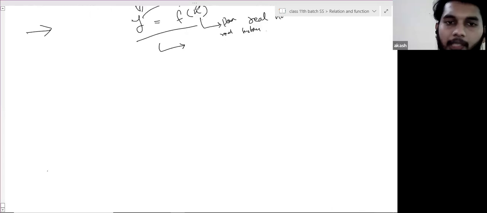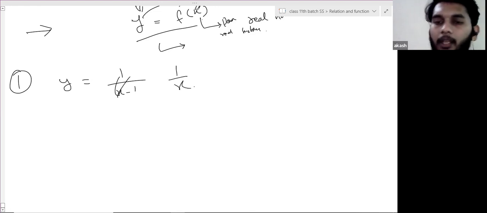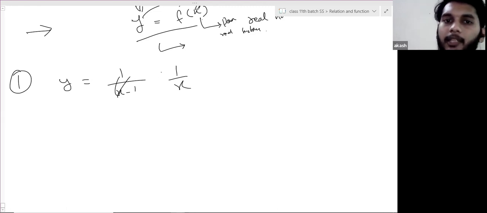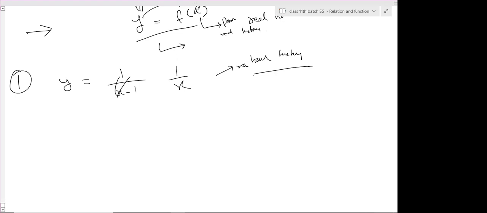So what is the first type of function we have to see? Let's suppose this is x minus 1, or 1 upon x. We are going to learn about 2-3 types of functions generally asked. So first can be 1 upon x. This is a rational function, something upon something.